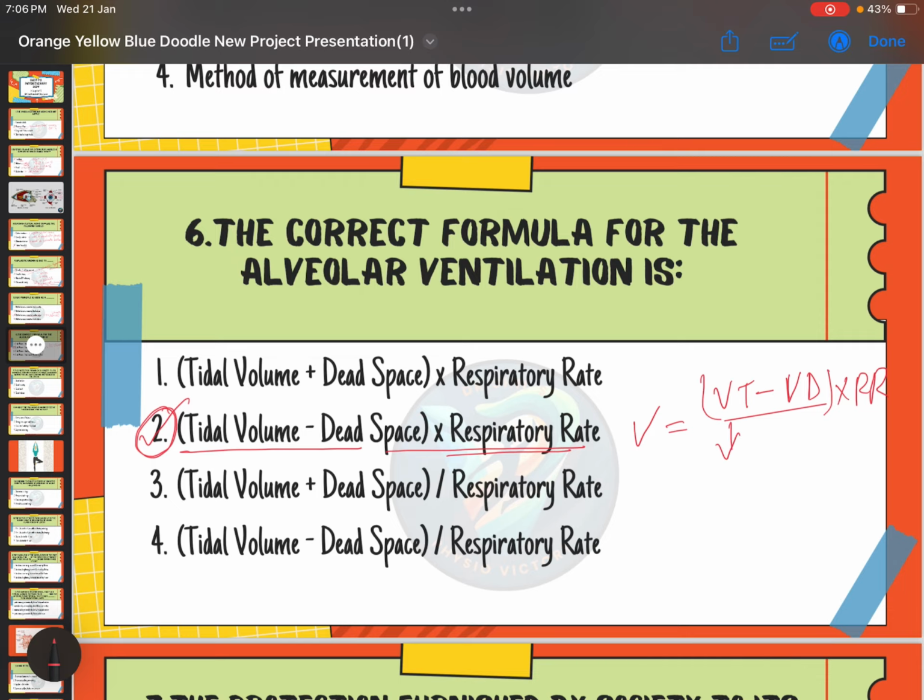VT is tidal volume, VD is dead space volume, and RR is respiratory rate.